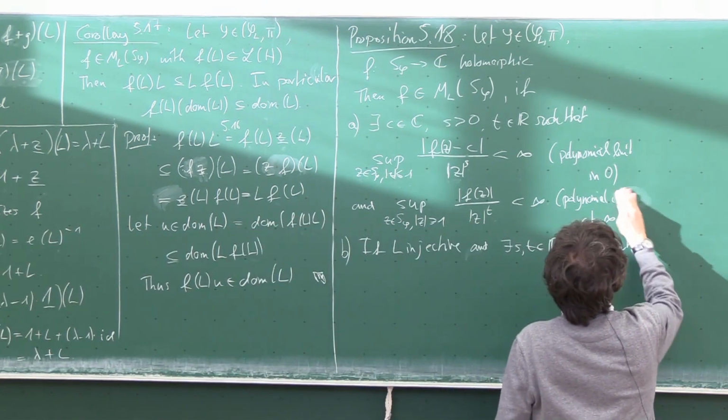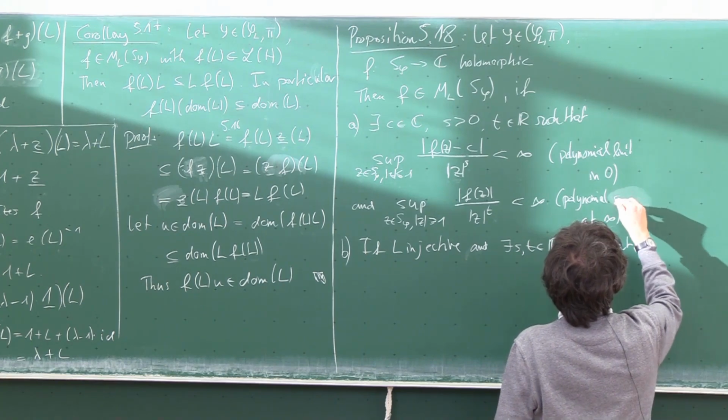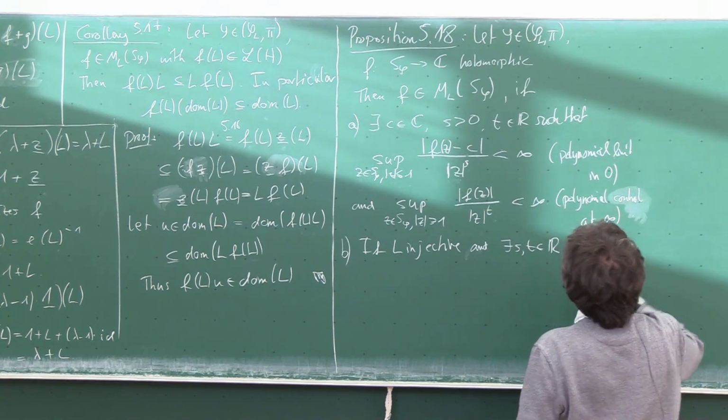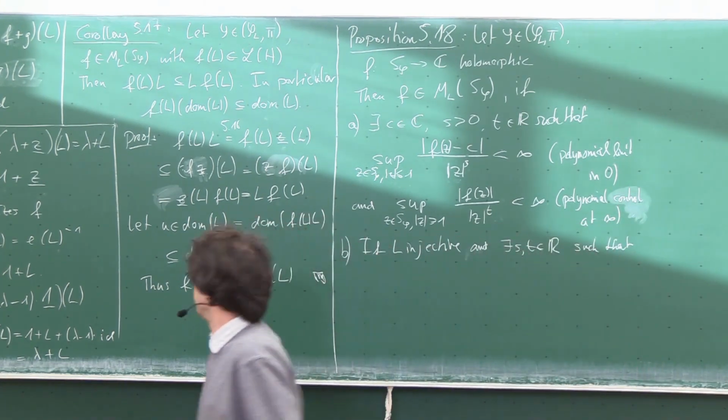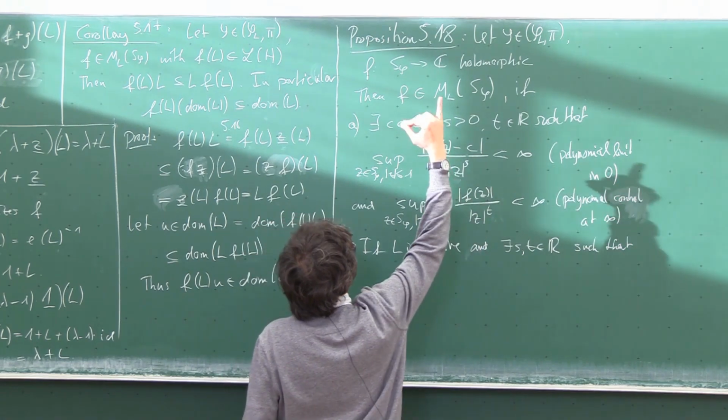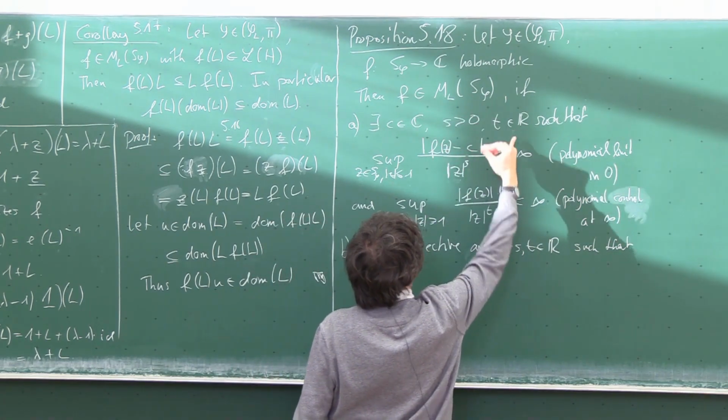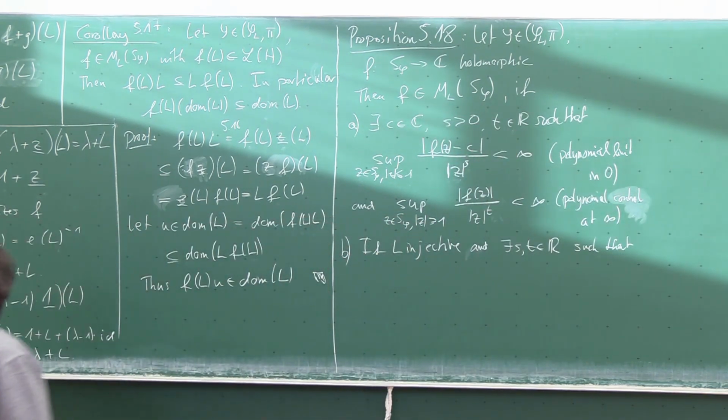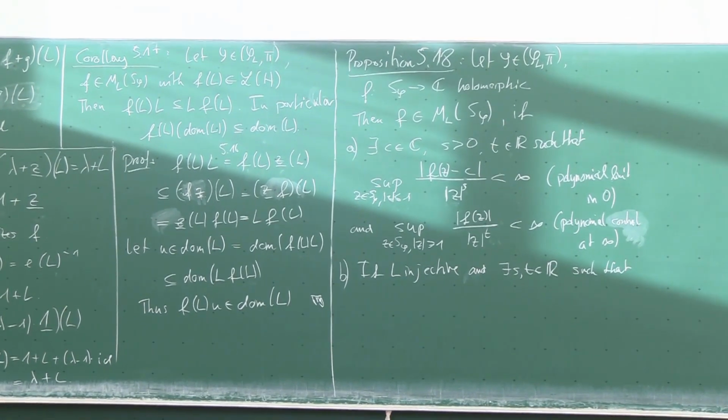Yeah, polynomial control at infinity is the right thing to put here. You do not really need decay at infinity because the t can be real. But it must not grow faster than polynomial. This is what this means.